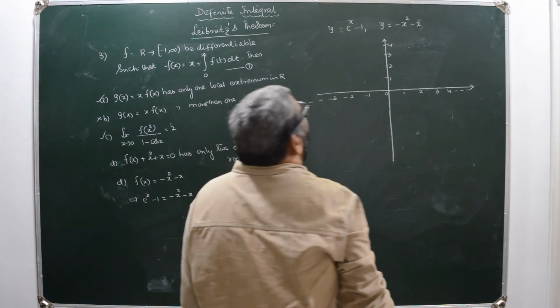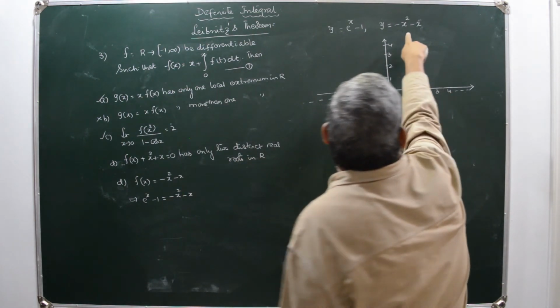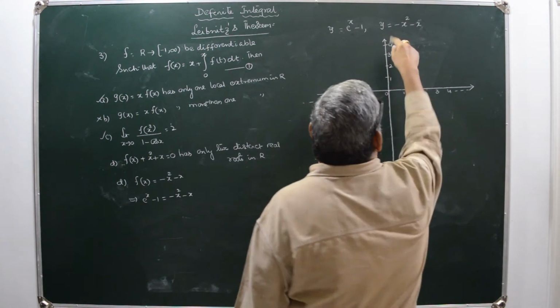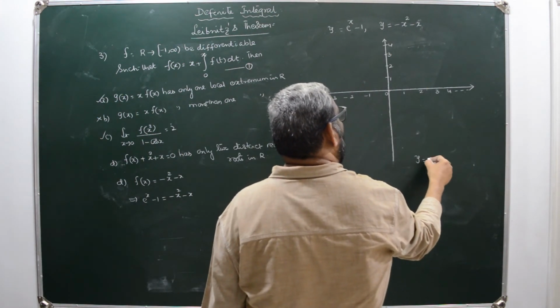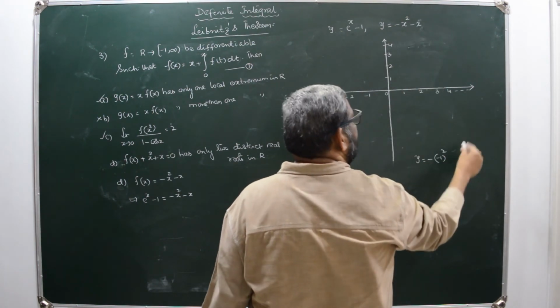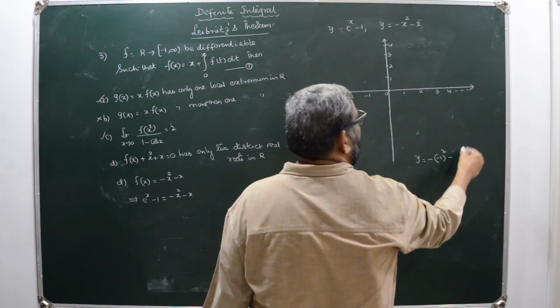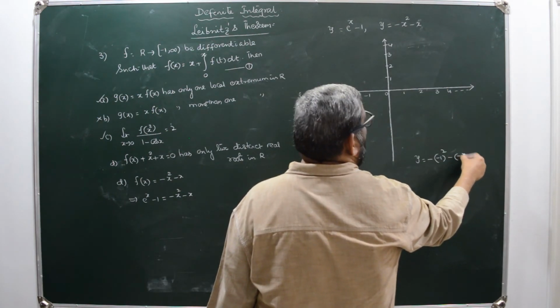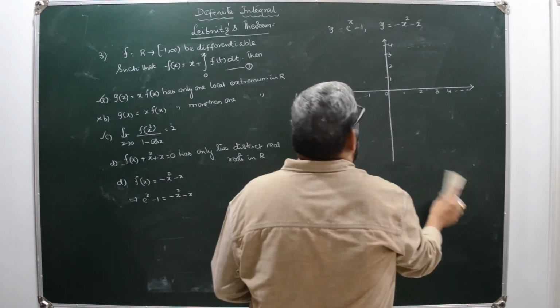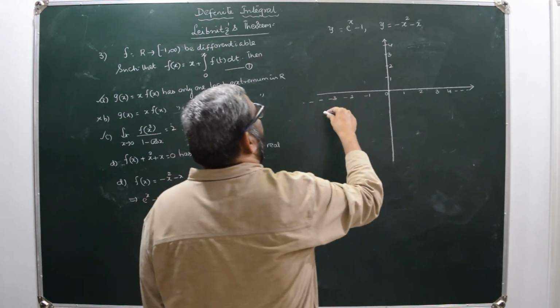So now you take this graph. At minus 1 what happens? y is equal to minus of minus 1 whole square, and this is plus 1. This is minus 1 plus 1, 0. So I'll draw the graph like this.